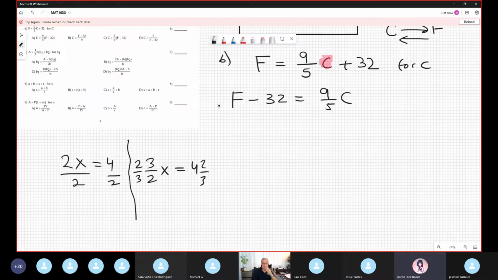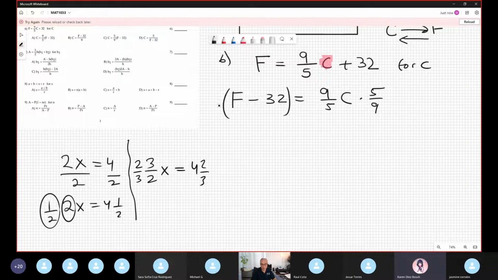Yes or no? Actually, the thing that we were doing in this elementary example was dividing by 2, which is equivalent to multiplication by 1/2. And 1/2 is the reciprocal of 2. So in general, when you have a fraction, you multiply by the reciprocal, and that's it. What is the reciprocal? 5 over 9, no? And you multiply both sides by 5 over 9.